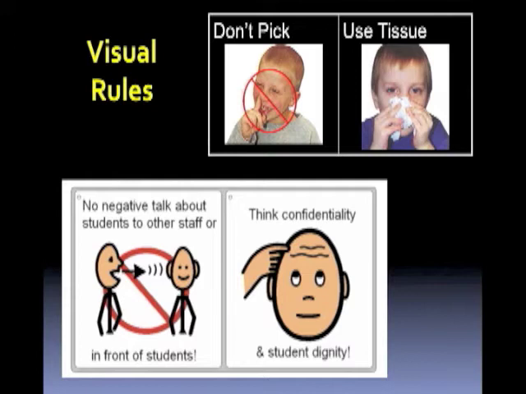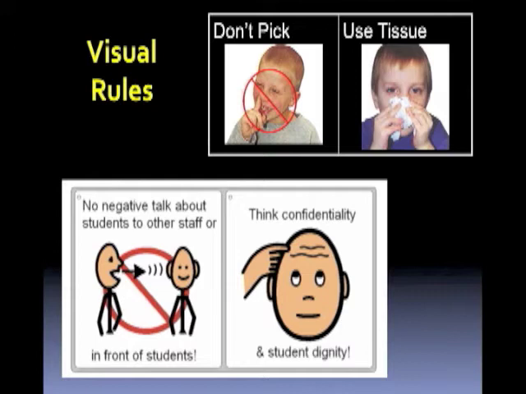So we're teaching the individuals we're working with what we do want them to do. With visual rules, we might say what we don't want them to do, but we're always going to end with what we do want them to do. And then sometimes with some individuals, we might not even want to tell them what we don't want them to do. We might just want to say what we do want them to do.